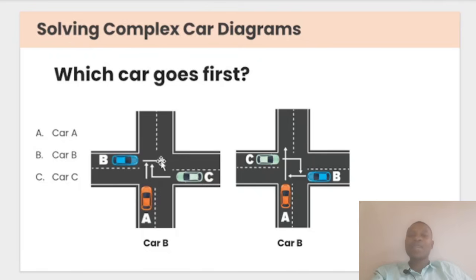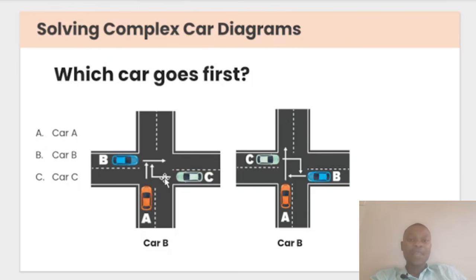Now car C has no car approaching from its right. So does it mean that car C should go first? Car C has no car on its right, so car C has the right to move first. However, car C cannot turn right in front of oncoming traffic.